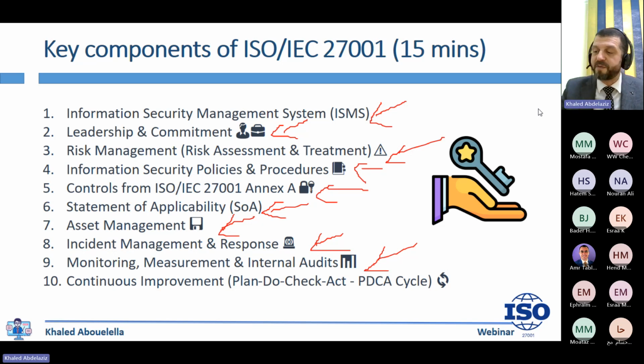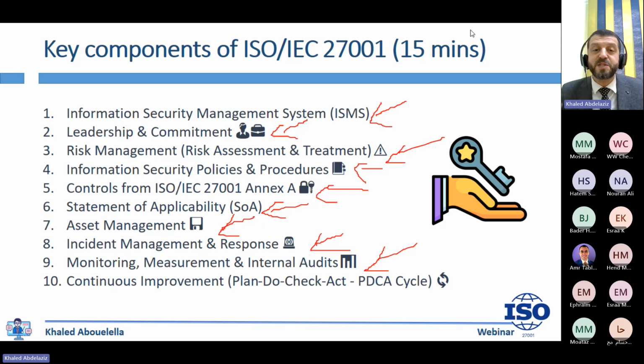Before calling the certification audit, you need to implement your information security management system, ensure everything is okay, implement the controls, conduct internal audit, prepare the internal audit report and non-conformities, conduct a management review meeting, and call for the external audit, the certification body.